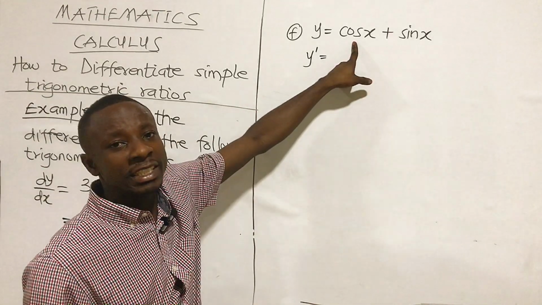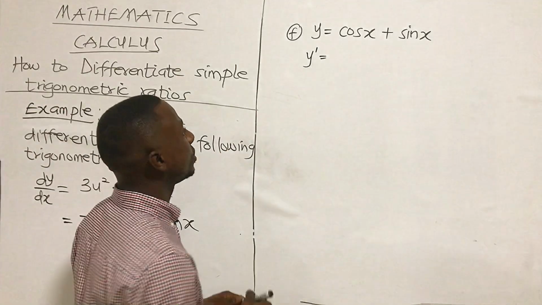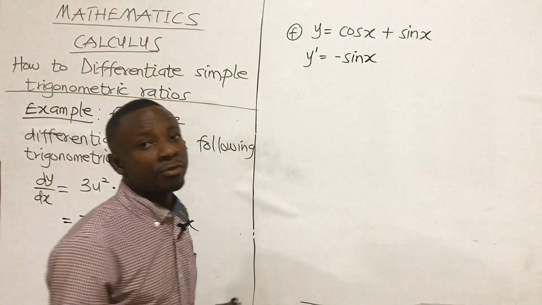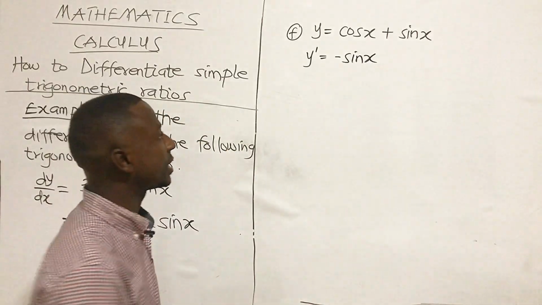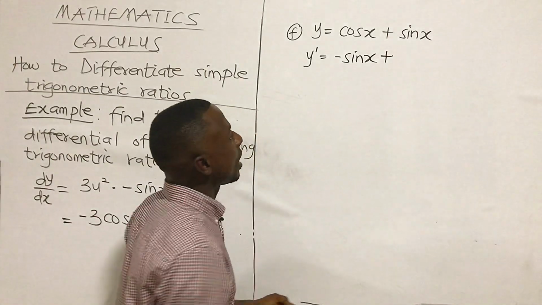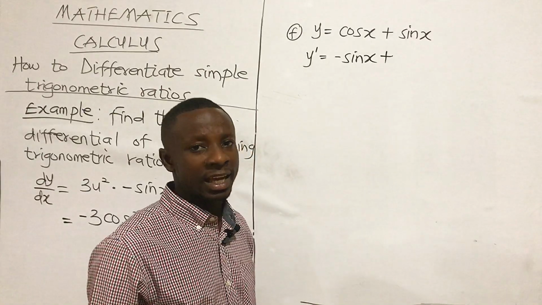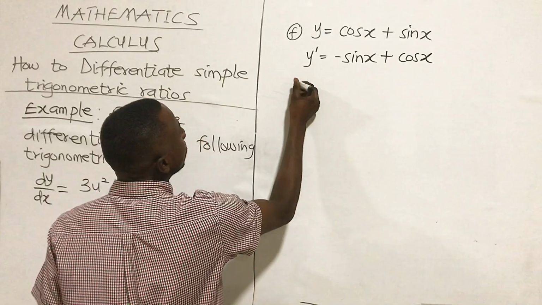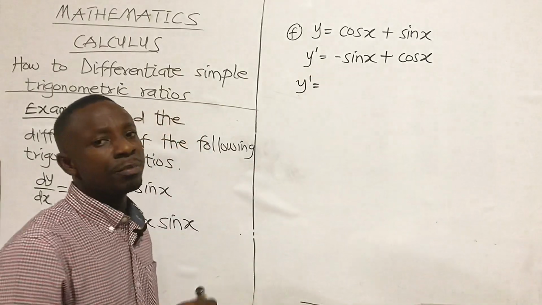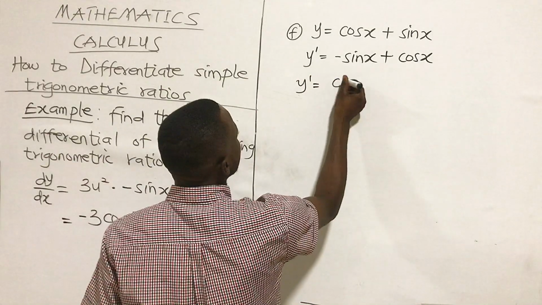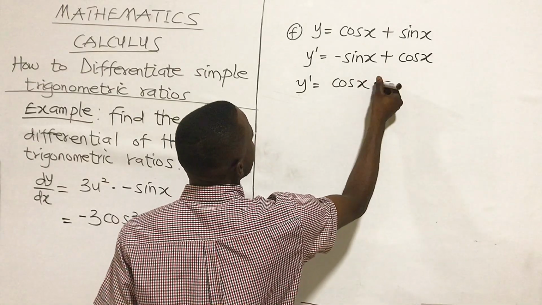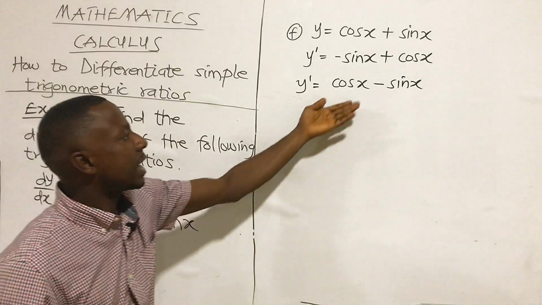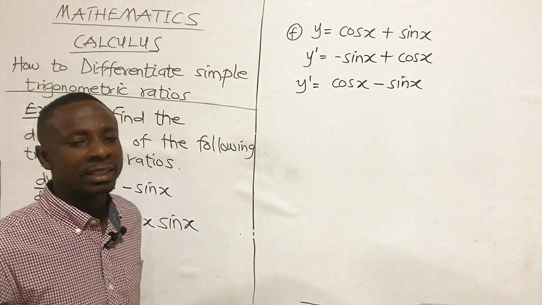When we differentiate cos x, we are going to get negative sine x from our previous calculations, plus, and when you differentiate sine x, we are getting cos x. So this can be rewritten as cos x minus sine x, and this will be the final answer.